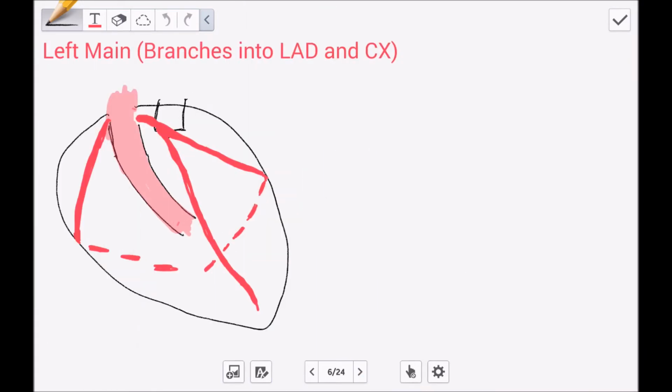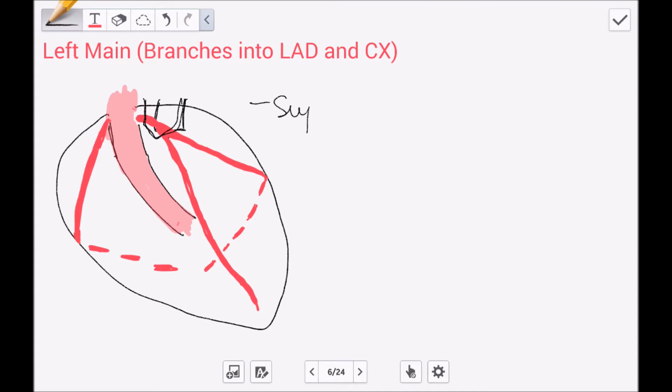So the next one we're going to talk about is the left main, and like we said before, it branches into the left anterior descending and the circumflex, and it's this part over here. That part over there, the part there that before it branches into the two arteries.